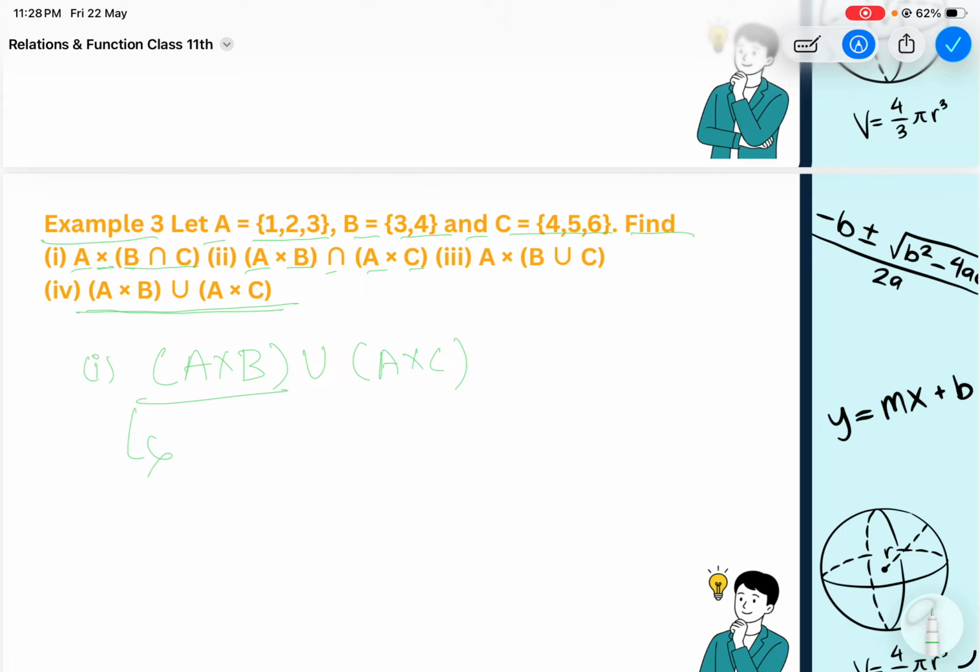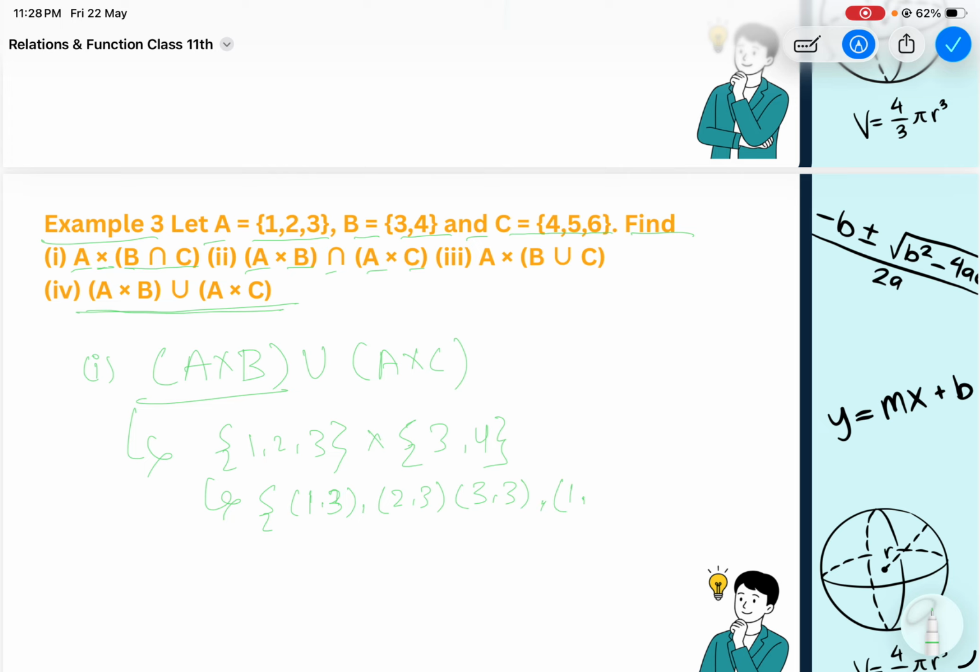A × B: we have A as {1, 2, 3} times B. In B we have 3 and 4. So what we will get here is (1, 3), (2, 3) and (3, 3).